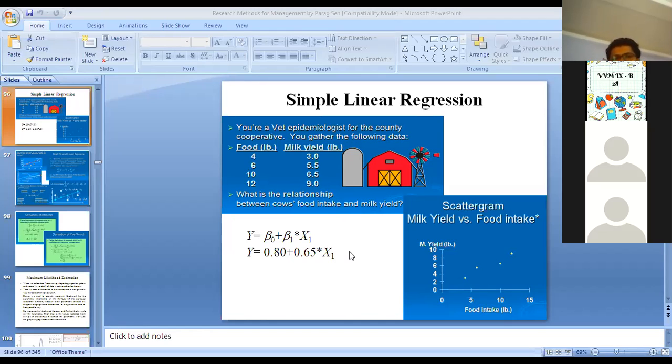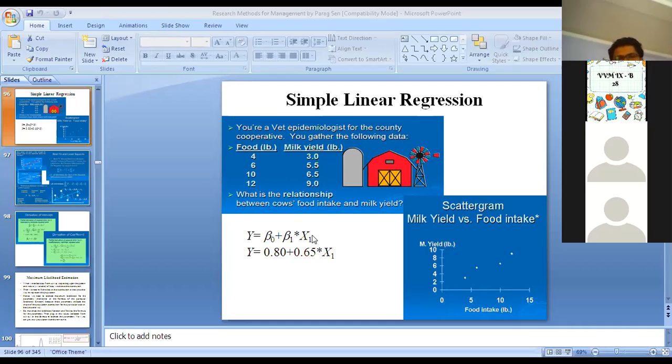So these residuals you can very easily calculate, but you cannot calculate your error terms because the observed values are there, but the true values based on the population you cannot calculate, because you don't know the value of the true line which is based on population.